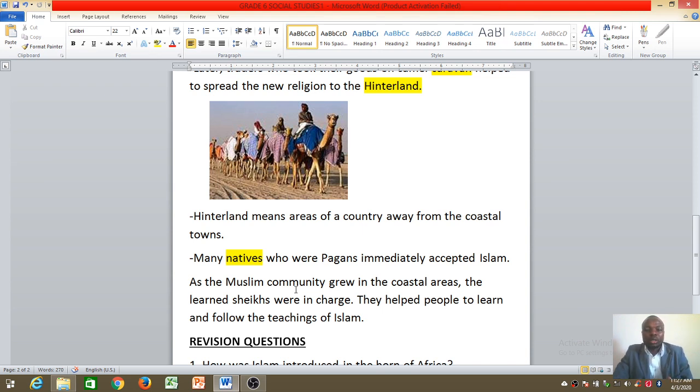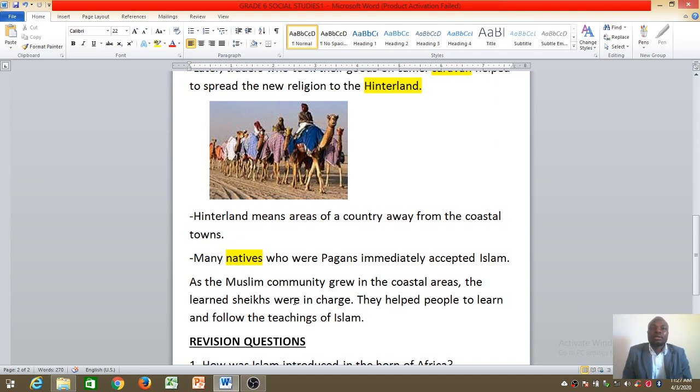They could teach people how to learn and follow the teachings of Islam, how to live according to the Islamic principles. So they were very important, as they are still today. You go anywhere around here, sheikhs and imams are well respected. They lead people, they solve conflicts, they teach people to live according to the Islam teachings.